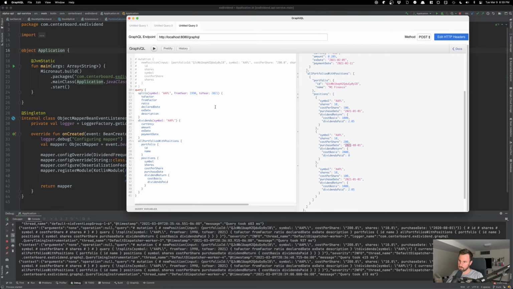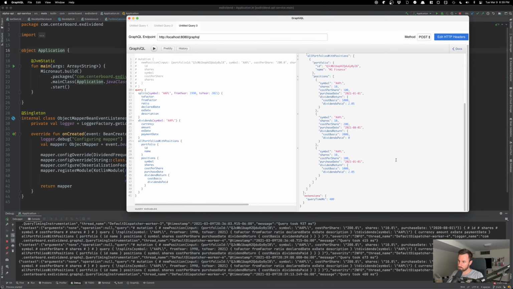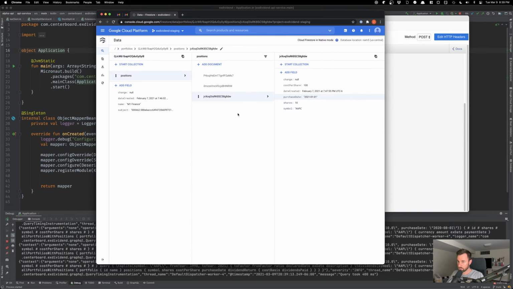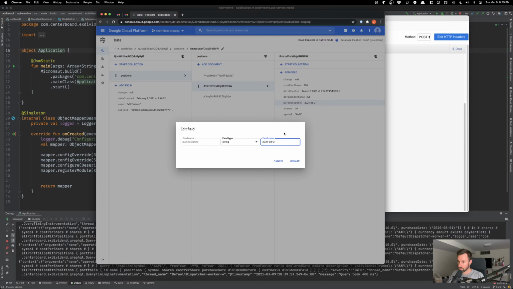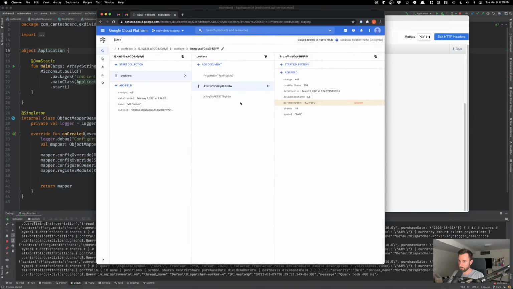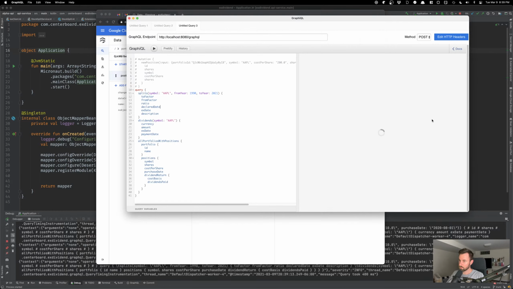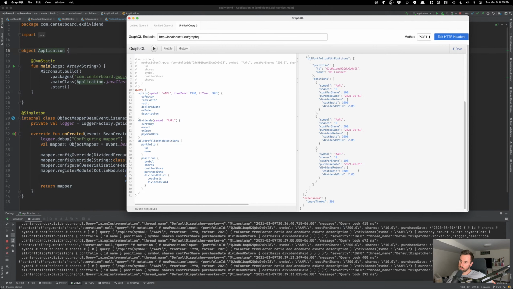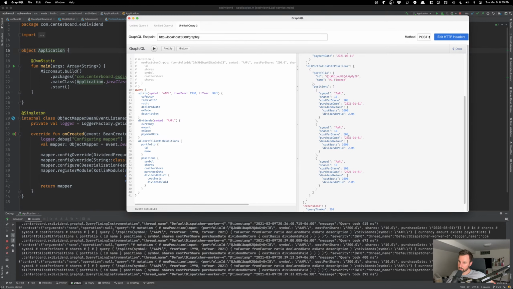Why didn't my purchase date update for those? Did I not do that correctly? 2021-01, oh, whoops. 0101, 0101, 0101. Okay, there we go. All right. So the simple calculation is working as expected.